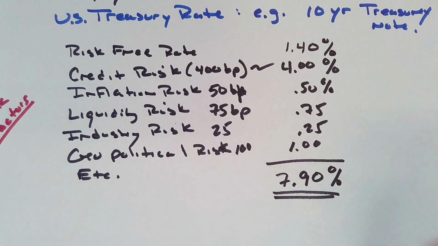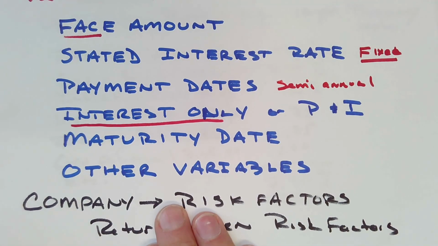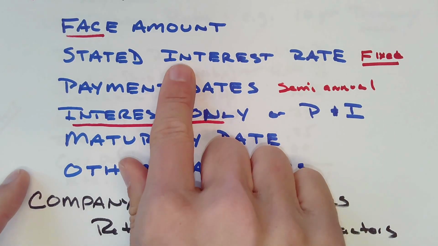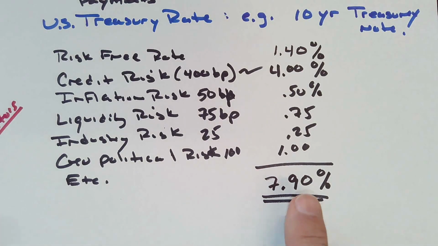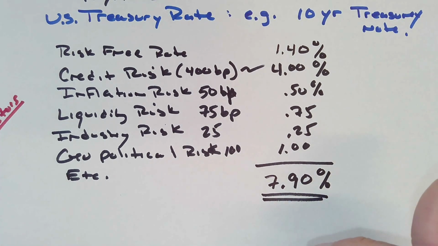So how much cash should I expect to receive if I set my stated rate at, say, 7%? Well, if I set my rate at 7% and everybody wants 7.9%, am I going to get less, more, the same? Don't know.